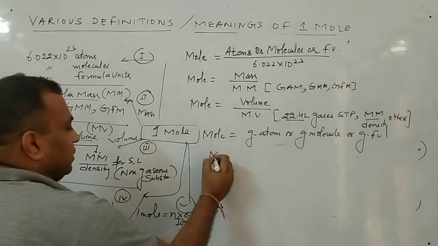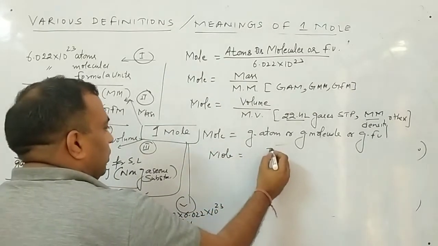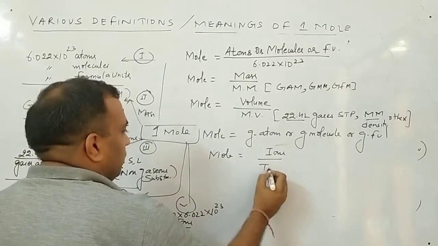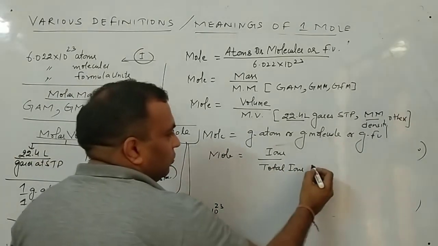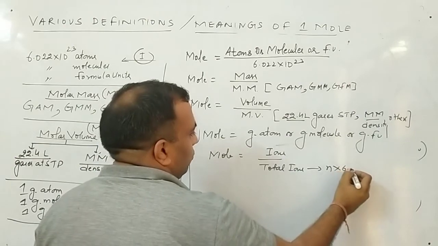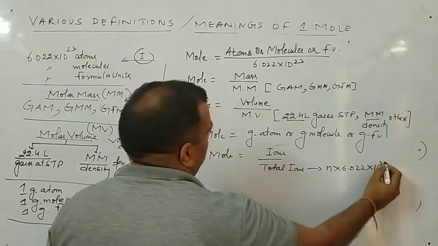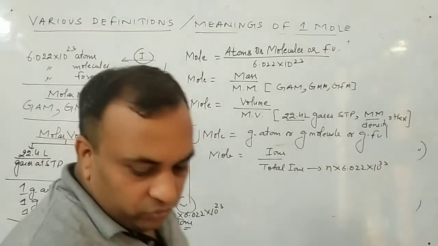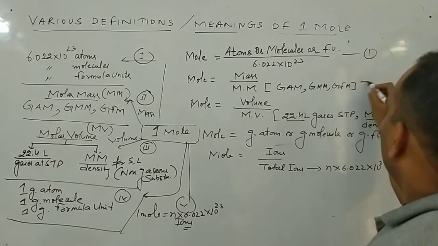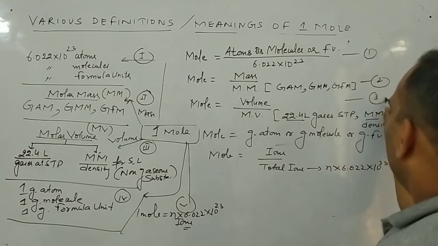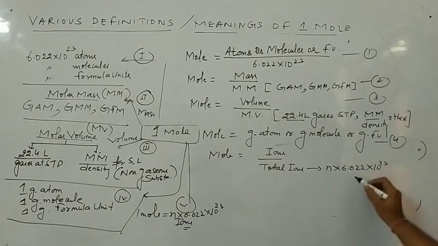And the last is mole is equal to ions upon total ions. And total ions, you know, is n into 6.022 10 raised to the power 23. So these are the formulas, number 1, 2, 3, 4 and 5.